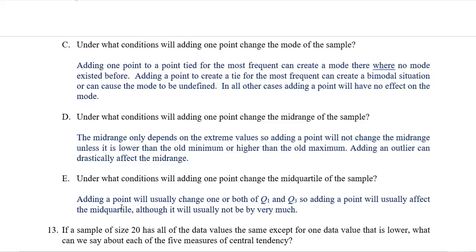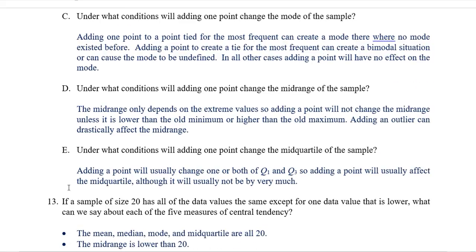Okay, let's keep going here. If a sample of size 20 has all the data values the same, except for one data value that's lower, what can we say about each of the 5 measures of central tendency? The mean, median, mode, and mid-quartile are all 20, and the mid-range is lower than 20.